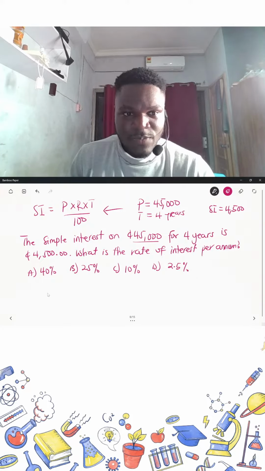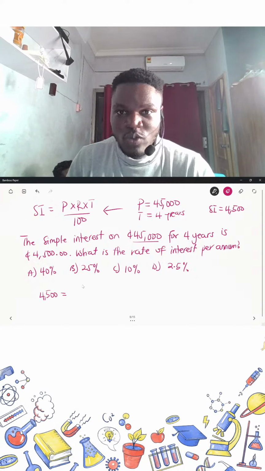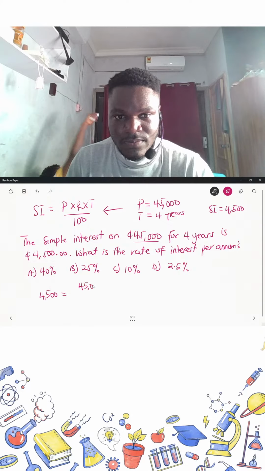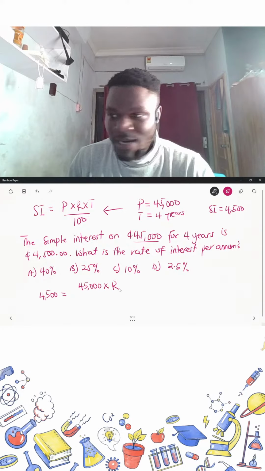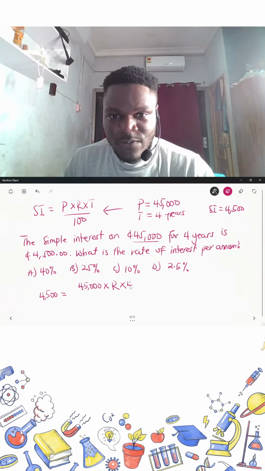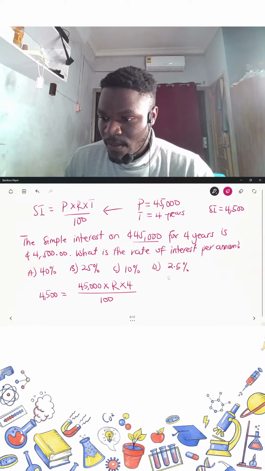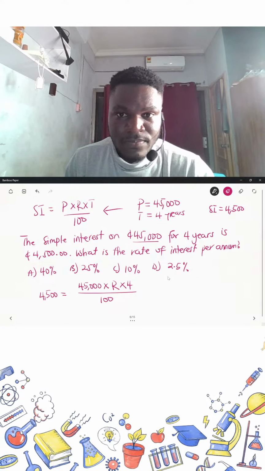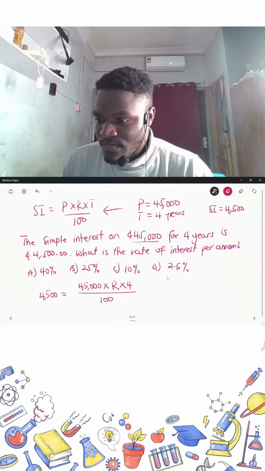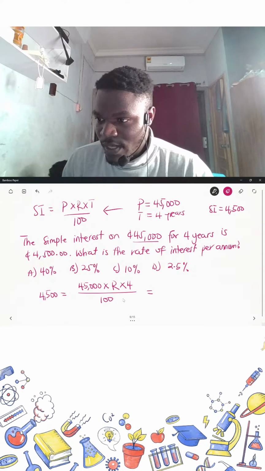So in this problem, the SI is 4,500, which is equal to the principal, which is 45,000, multiplied by the rate. We don't know the rate, so we leave it as R, multiplied by the time, which is 4 years, divided by 100. So let's proceed.